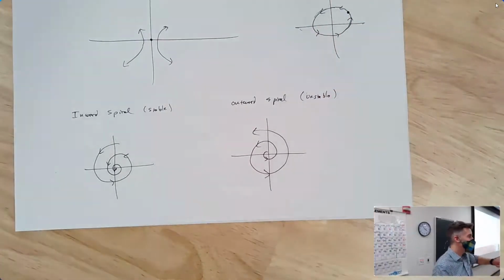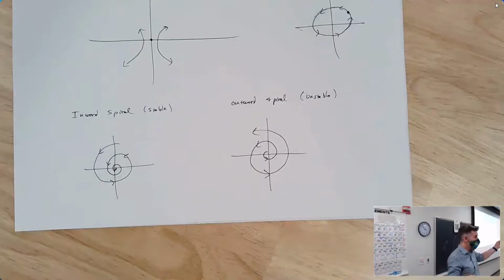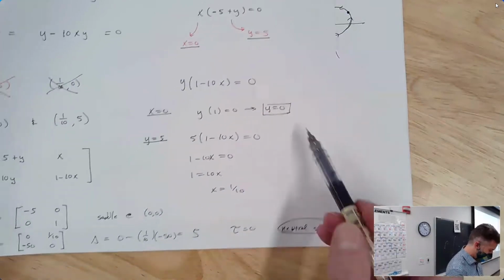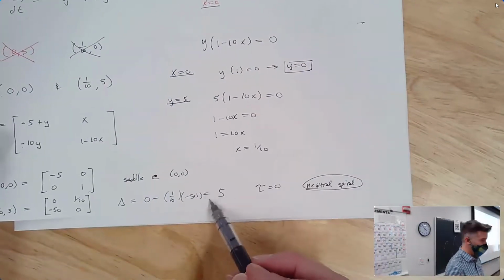And the reason why that's the case is because in the neutral spiral, the trace is 0, meaning there is no real part of your eigenvalue. So let's look back at this equation for a second. We had our trace was 0, our determinant was 5.